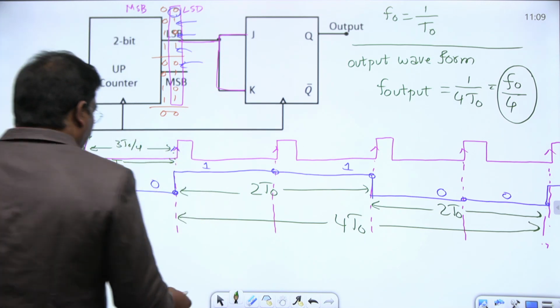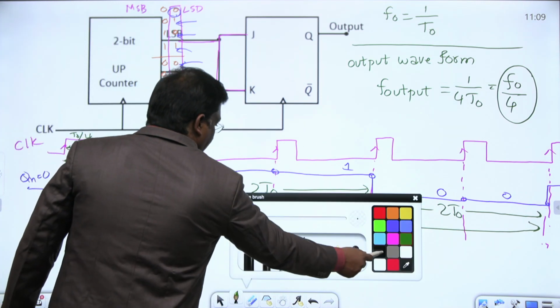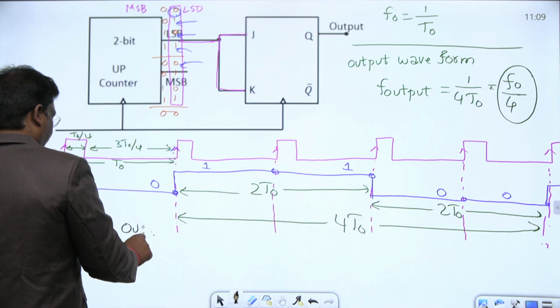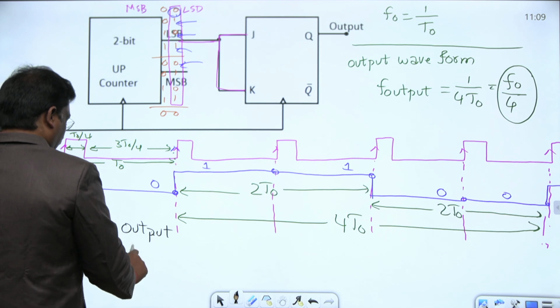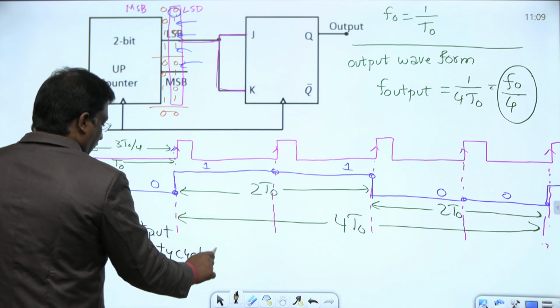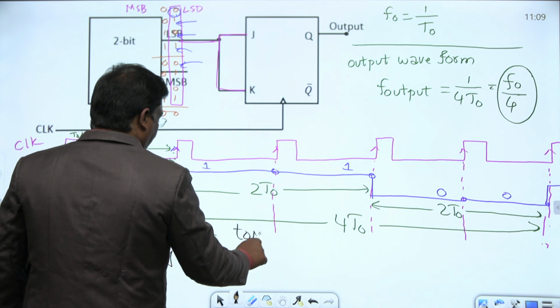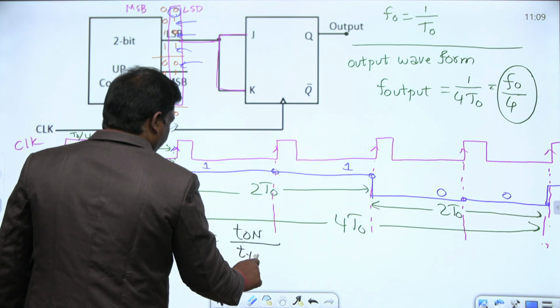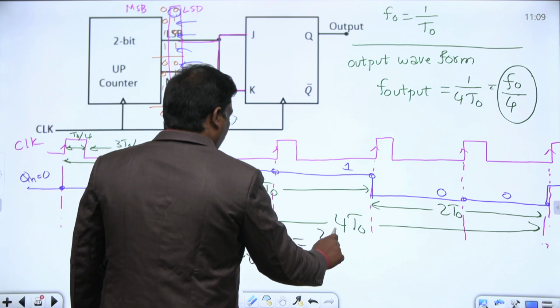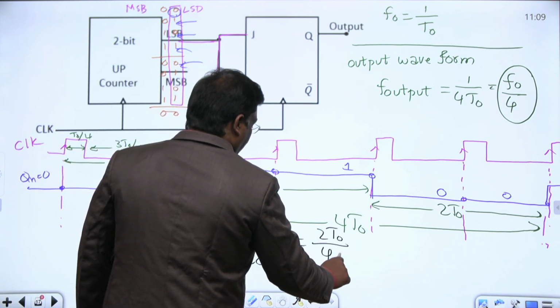And if you want the duty cycle, tell me the output duty cycle here: on period by total period, T on by T total. This on period is nothing but 2 T0, total period is nothing but 4 T0.